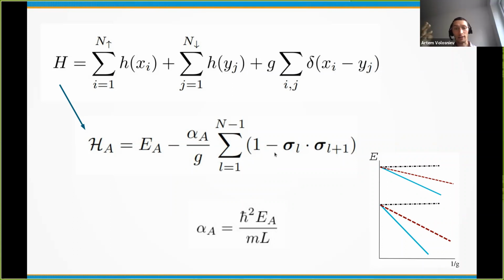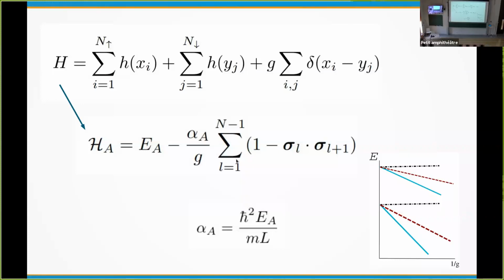Yeah, you're correct. We thought very carefully and included all corrections, and then you could still map it onto the spin chain. But the difference now will be that this coefficient alpha is not outside, but actually inside, so it depends on the site.